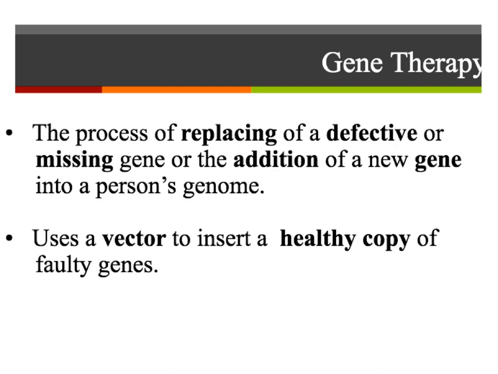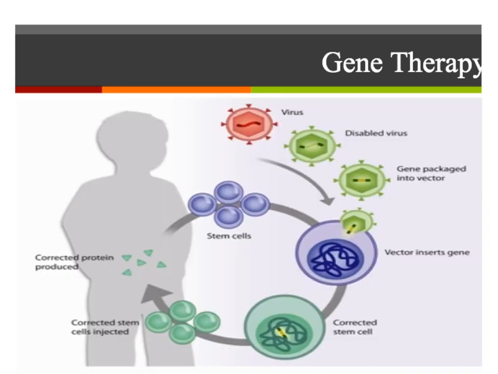All right, last topic is gene therapy. This is the process of replacing a defective or missing gene or the addition of a new gene into a person's genome using a vector to insert a healthy copy of faulty genes. Those vectors could be plasmids, or it could be a virus. Many times when you're dealing with human gene therapy, you're talking about a virus instead of a bacterial plasmid used as a vector. Here's a diagram showing what I just talked about.